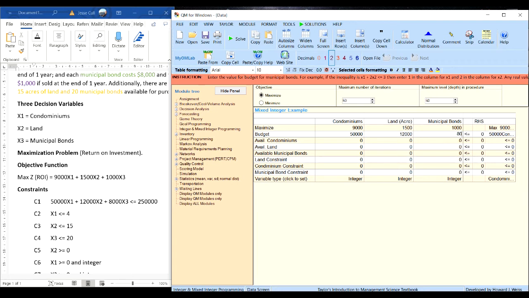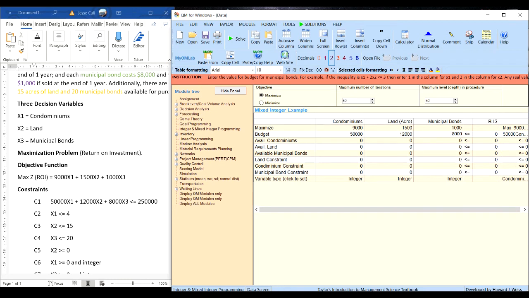And it's $8,000 to buy a municipal bond. We're probably going to have to make this a little bit bigger. We know this must be less than or equal to the $300,000 that we have available to purchase. That's our first constraint.